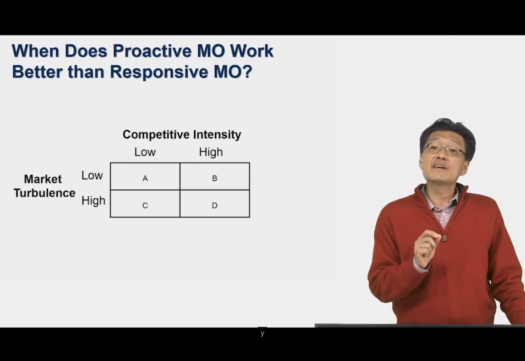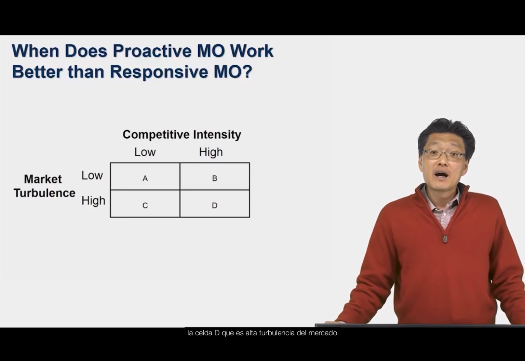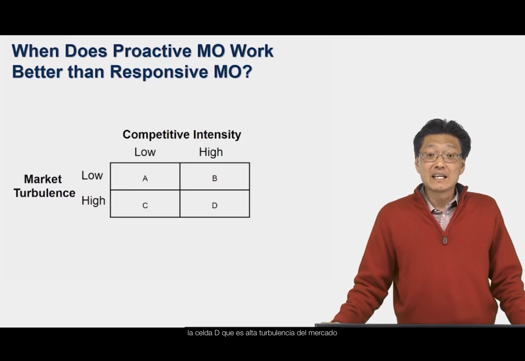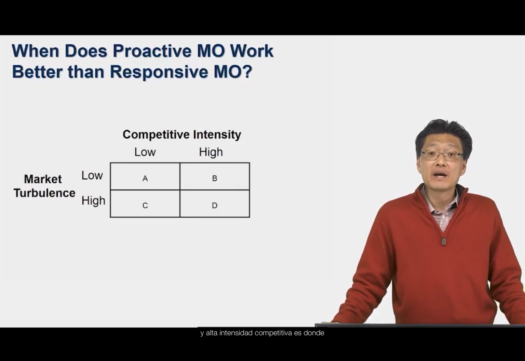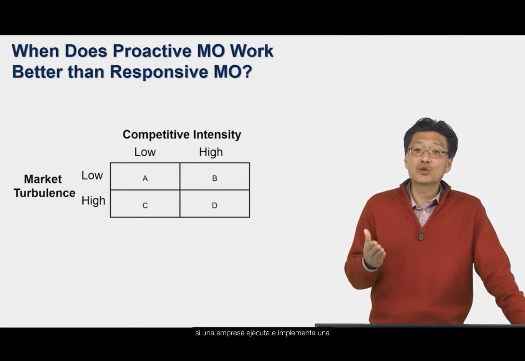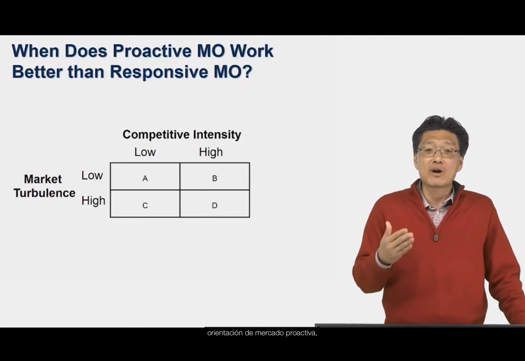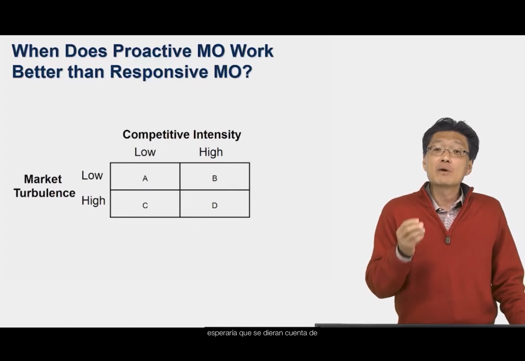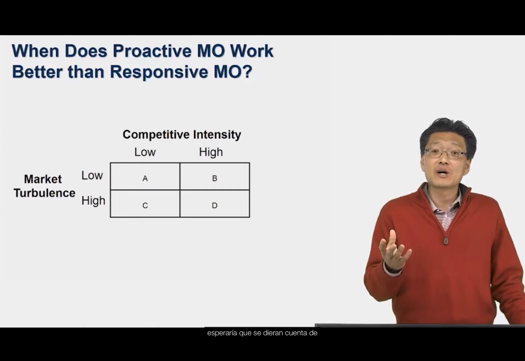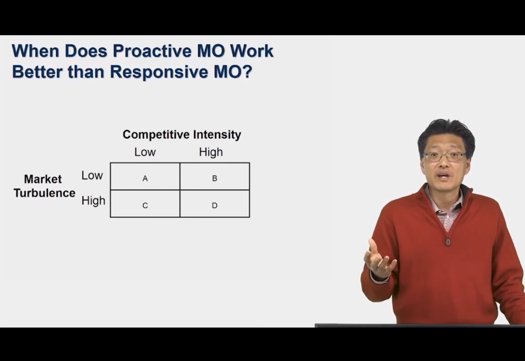Out of these four different scenarios, cell D, which is high market turbulence and high competitive intensity, is where, if a company implements a proactive, market-driving market orientation, they would be expected to experience the highest level of firm performance.